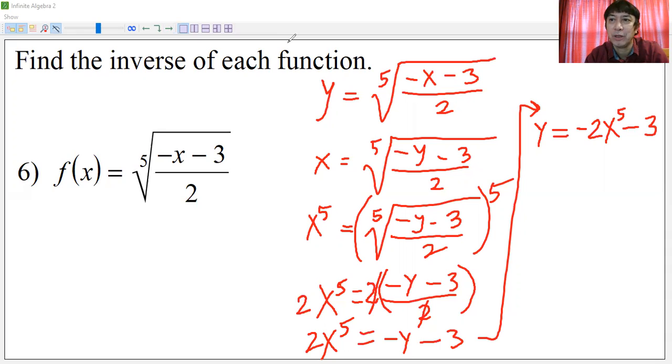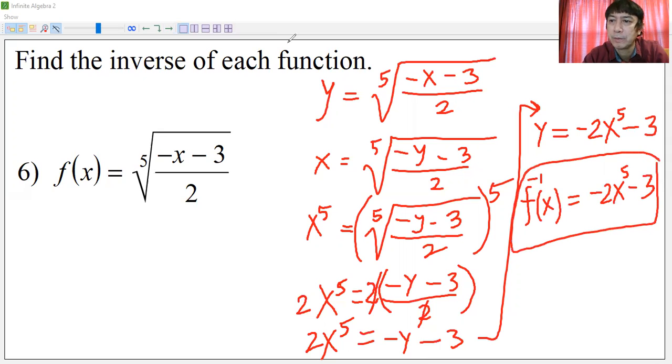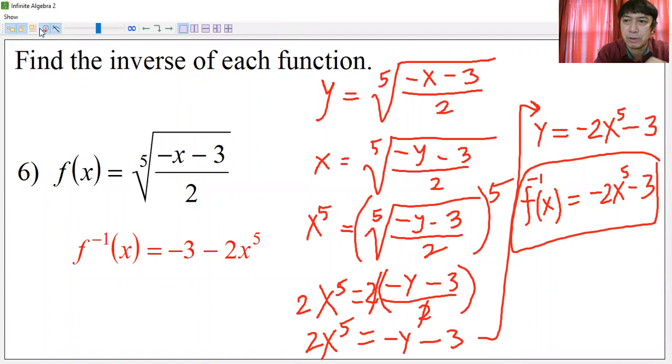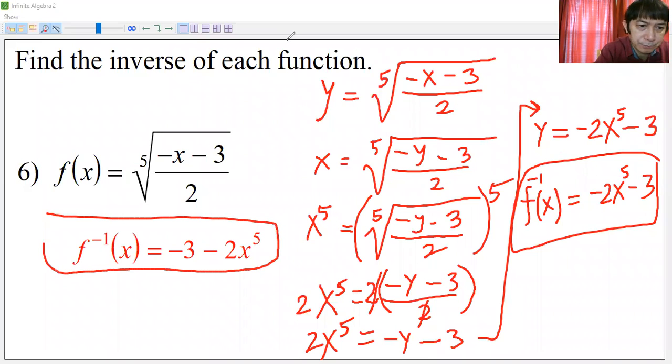And this will now be f to the negative 1 of x, the inverse. And this is written negative 2x to the 5 minus 3. This must be our answer. We can verify that. All right, it's over here. Writing the minus 3 first means the same, followed by minus 2x to the 5th.